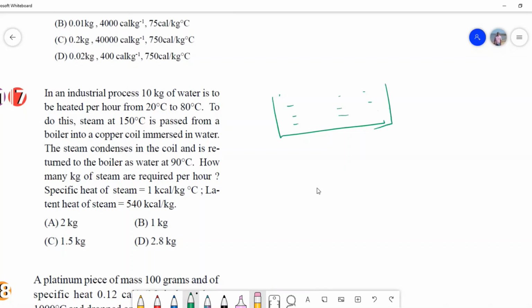We need to heat 10 kg of water, and the temperature should range from 20 to 80 degrees centigrade. Now, to do this, steam at 150 is passed from a boiler into a copper coil immersed in water. So there is a boiler here and there is a coil here.